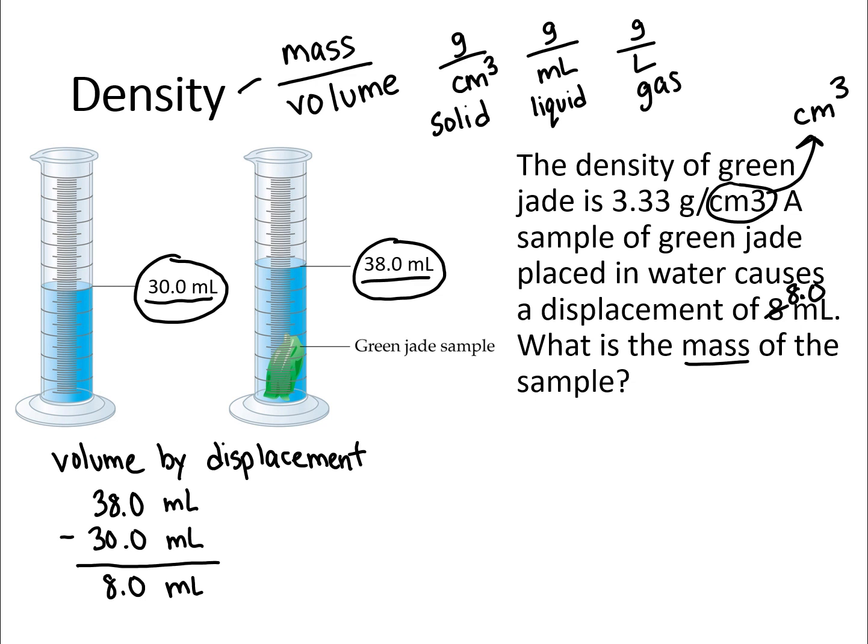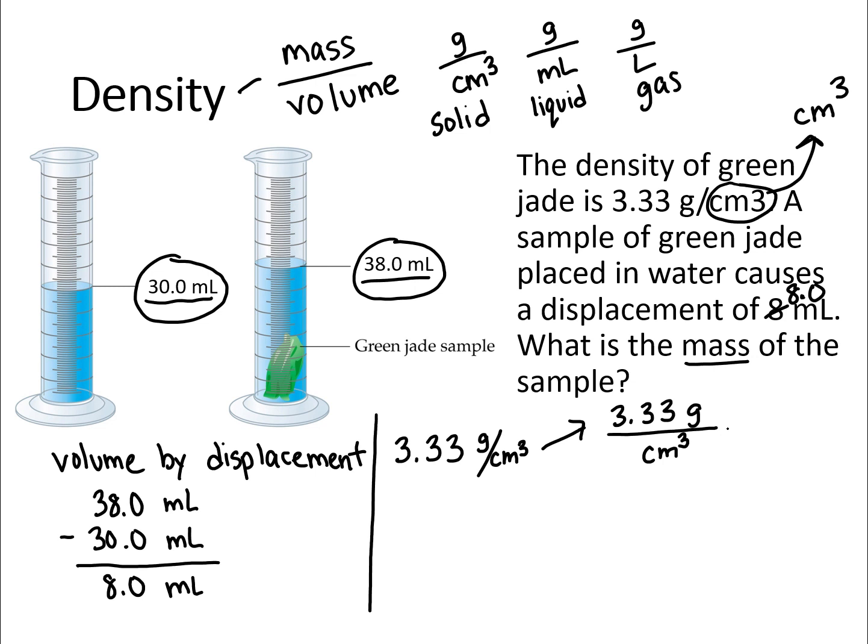Just like percentages, we can use the density as a unit factor. So 3.33 grams per centimeter cubed, we can rewrite it like this, and we can flip it. When you flip it, you need to have a number in the top.